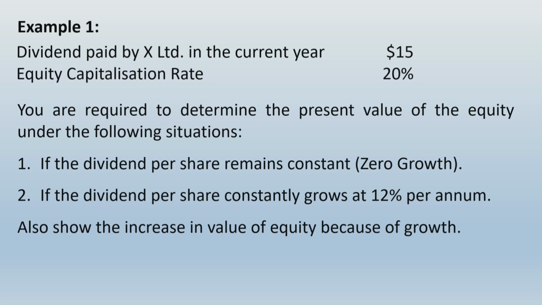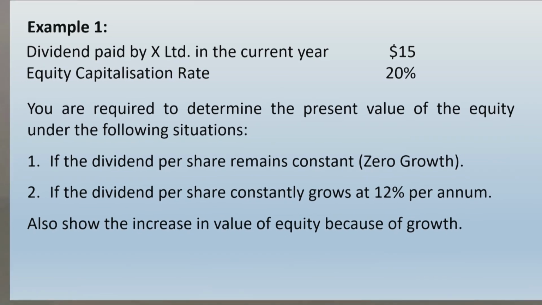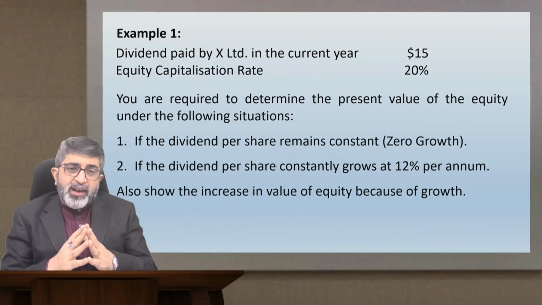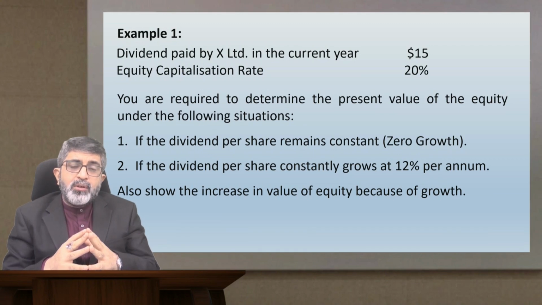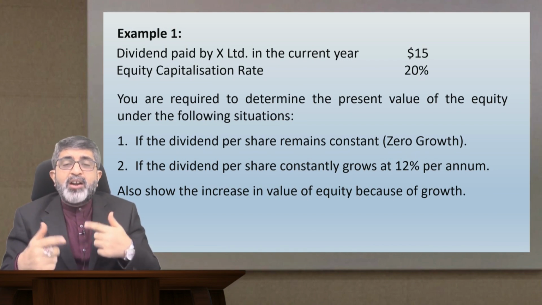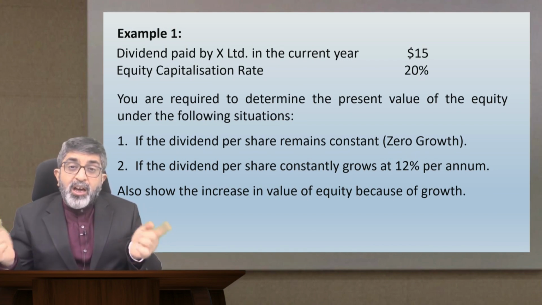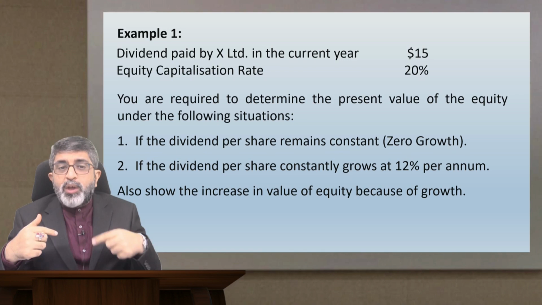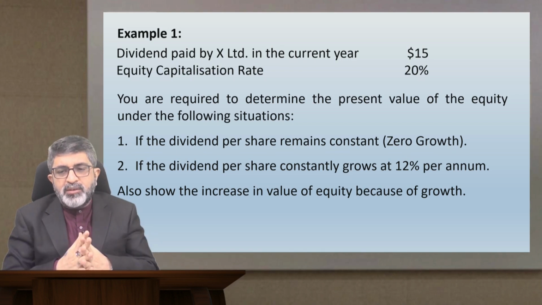Now, how will you attempt this question? For solving this particular question, you need to understand that you have two scenarios. One is where the dividends are not growing at all, and another where the dividends are growing at a constant rate of 12%.